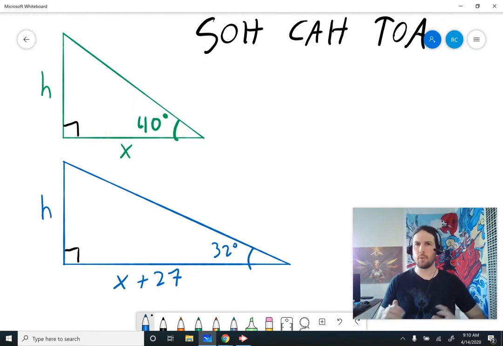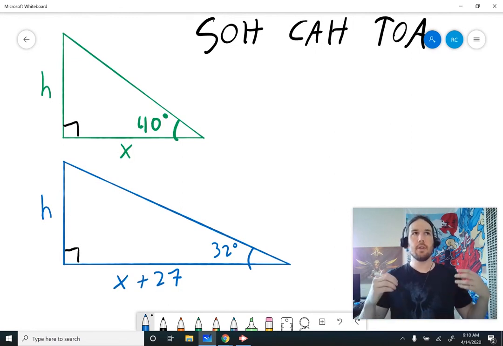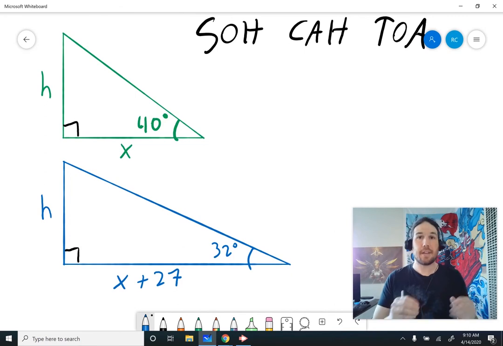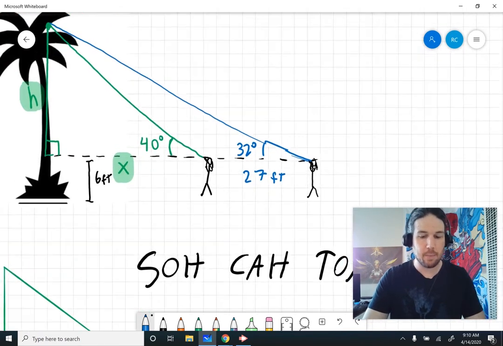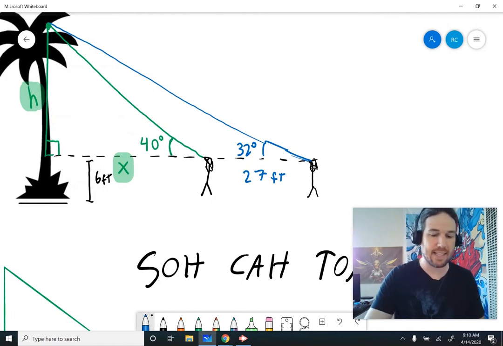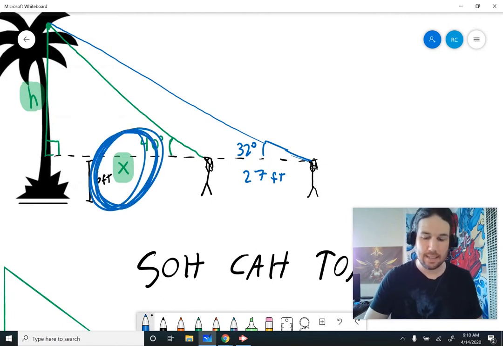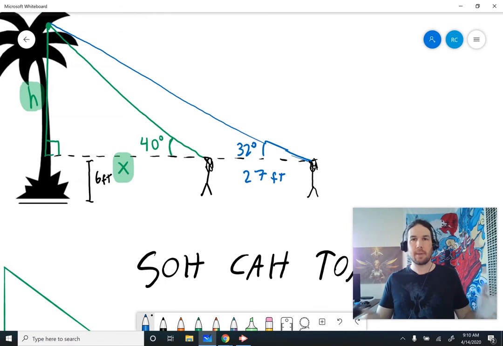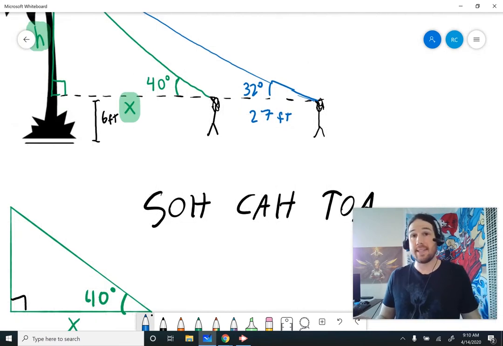A lot of students have a really hard time coming up with expressions for things, but don't assume that just because there's an x, things work differently. They don't. If I knew that this x here was like 10, then to get the whole length, I would take that 10 and I would add it to 27 to get 37. I don't know what it is, it's x.